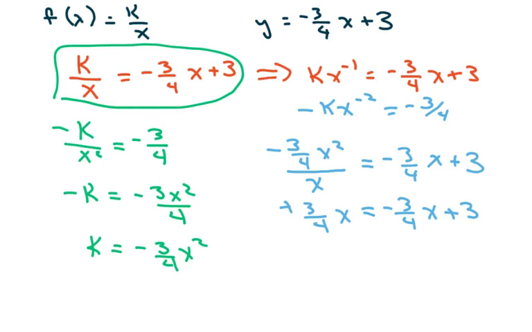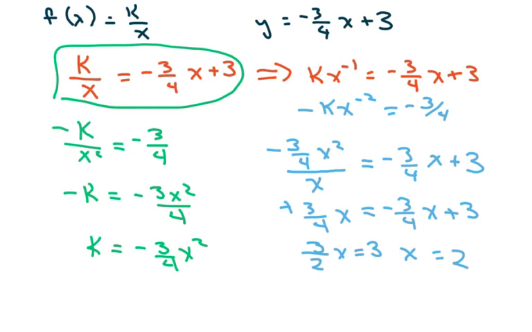This should have been positive. So when you add 3/4 to both sides, 3/4 and 3/4, 6/4 is going to be 3/2. So we're going to get 3/2 x equals 3. So x equals 6 over 3, so x is 2.